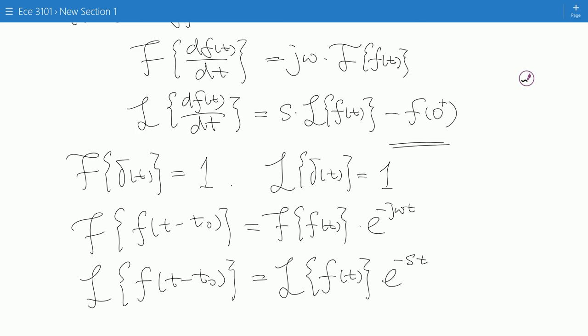So if the delta function is going to be 1, then for the delta function delayed by t0, if we take the Laplace transform, it becomes 1 times e to the power negative s t0. Here I should have t0. So it's quite simple.